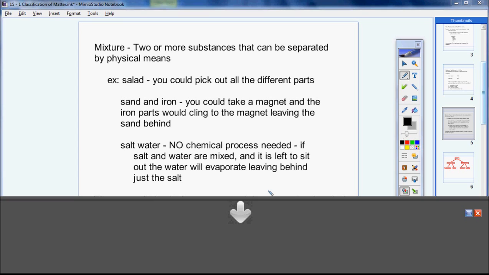So if the salt and water are mixed and it is left to sit out, the water will evaporate, leaving behind just the salt.